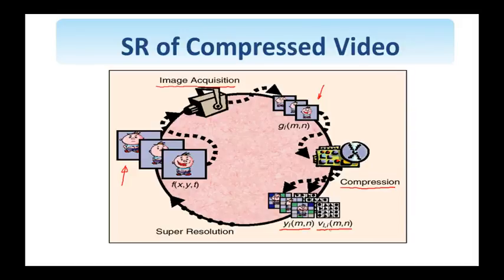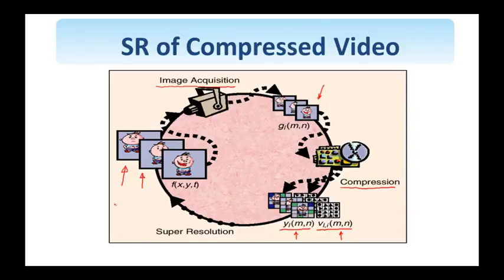So then the problem in this case is to utilize the available data, which is the compressed low-res video, but also this, you might say, auxiliary information provided by the coding scheme, motion vectors and quantizer information, and we want to obtain an estimate of these high-resolution video frames.